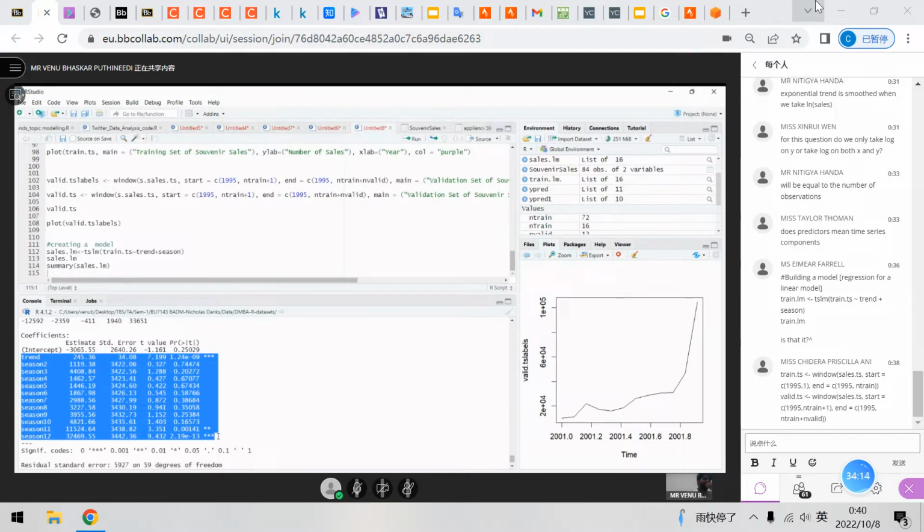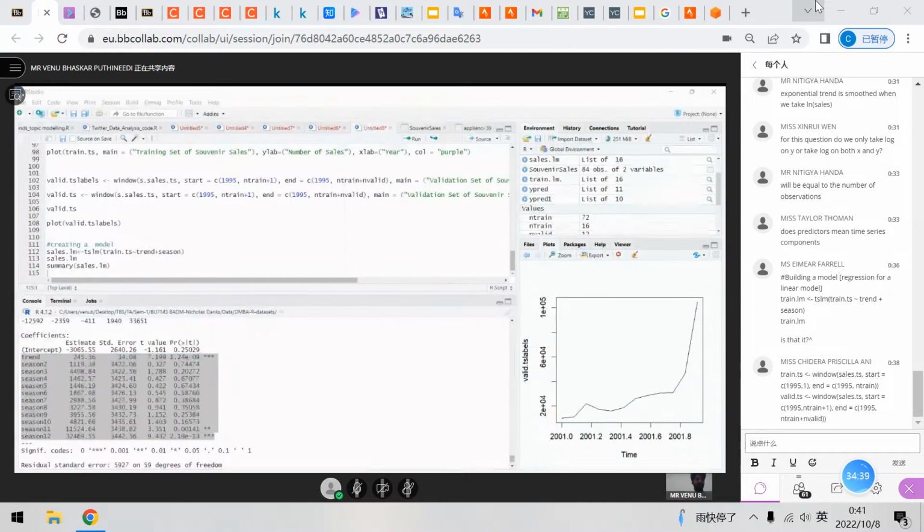So when they ask you how many predictors we have, what will be your answer? 13. And that would be? Trend, season 2 to 12, and then you said the intercept as well. All right.